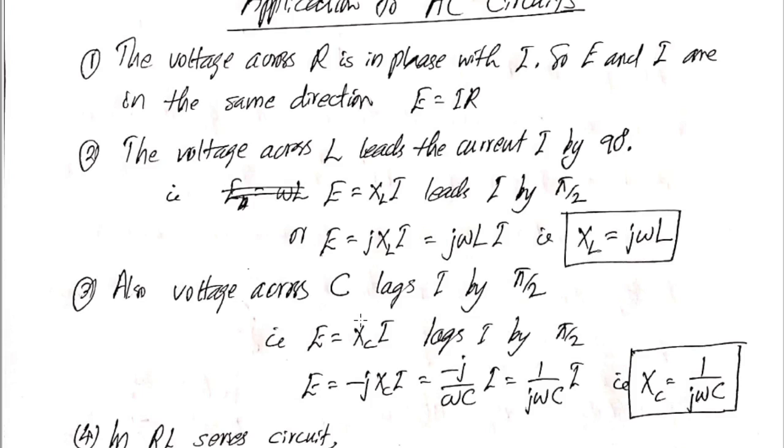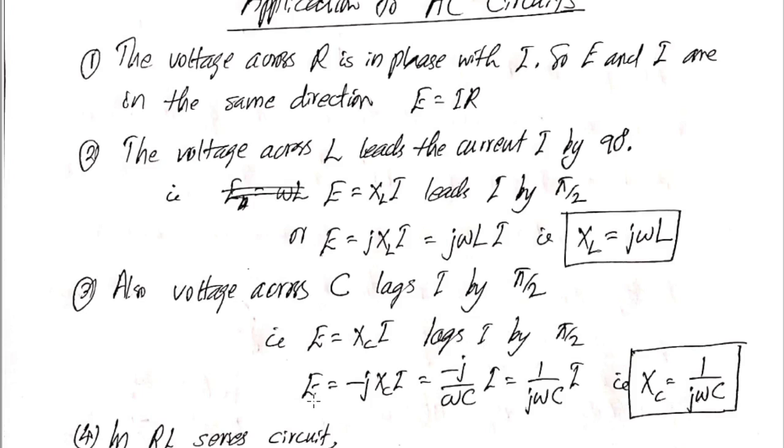Similarly, in the case of a capacitor, the voltage lags the current by pi by 2. So in that case, magnitude of voltage is equal to current into capacitive reactance, that is I into Xc, which lags the current by pi by 2.